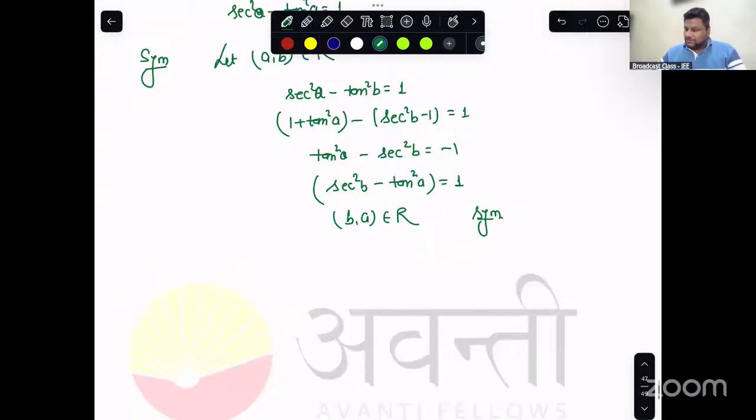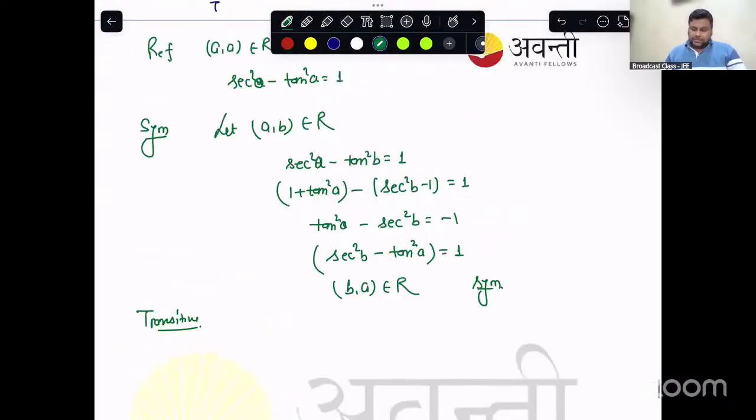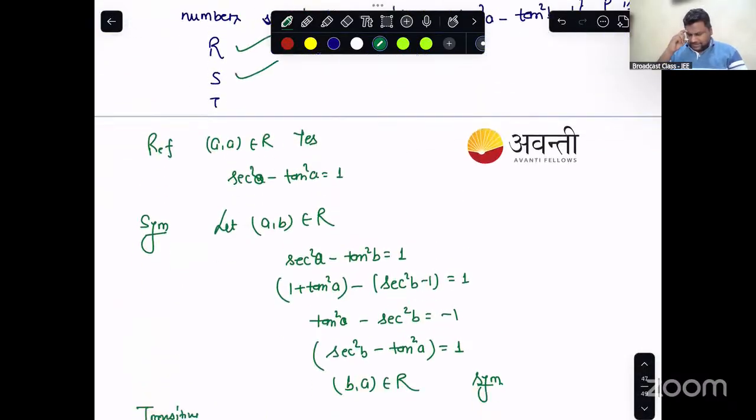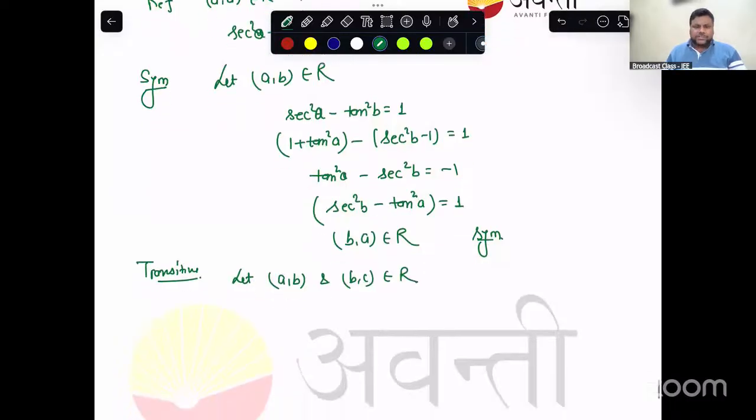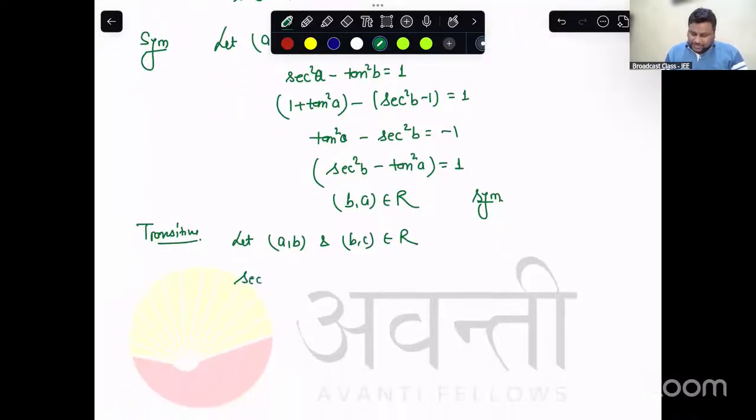Now, if I talk about transitive, let (A, B) and (B, C) belong to the relation. That means sec square A minus tan square B equals 1 and sec square B minus tan square C equals 1.